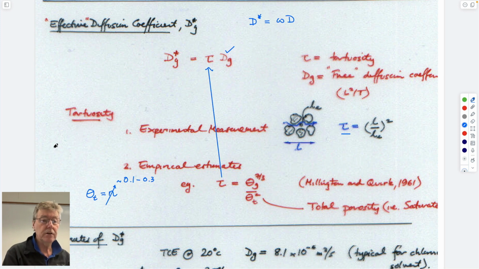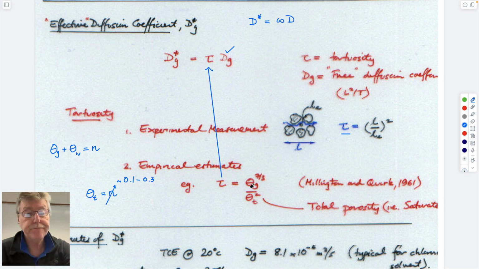I guess you also know that the volumetric gas content plus the volumetric water content is equal to the porosity, right? If there are just two parts filling the porosity. So if you know the gas content and the porosity, well, I guess you just need the gas content for this. If you knew the water content, you could also use that here.